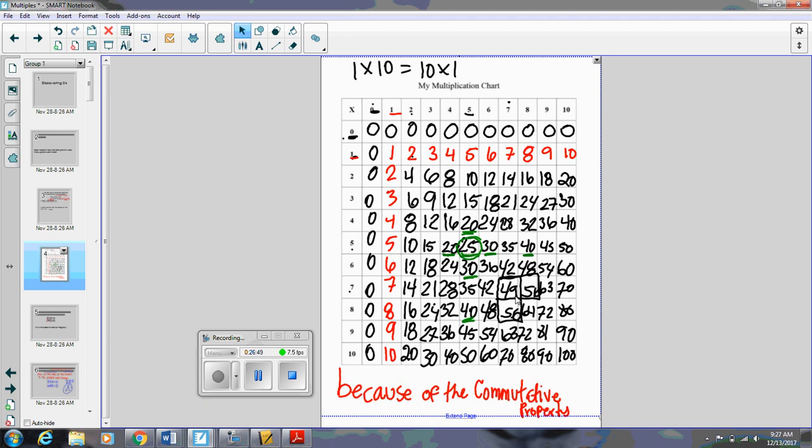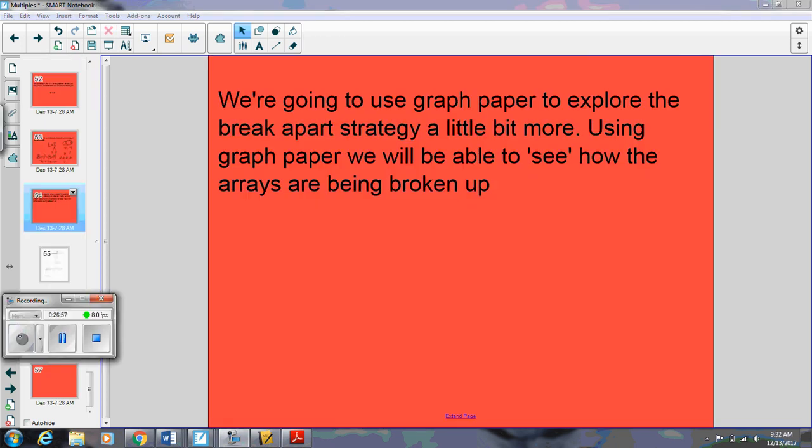Cord? Yeah, that's fine. Yes. So how would our graph paper be helpful if I was going to use it to make an array, right?